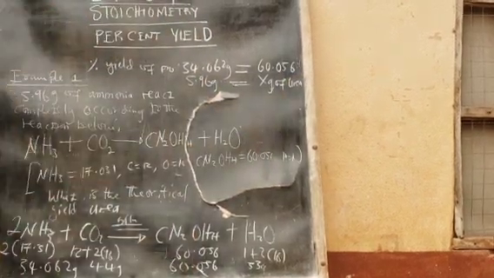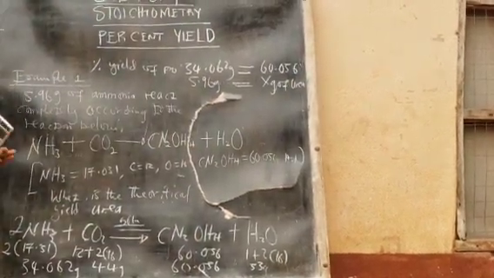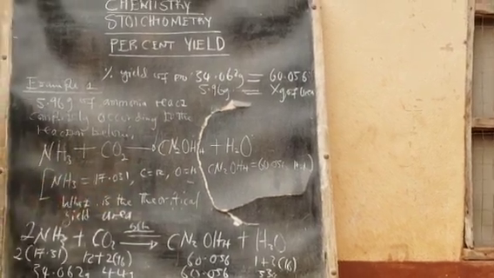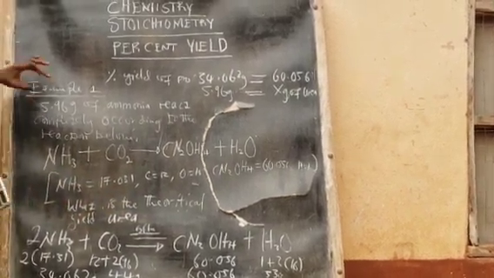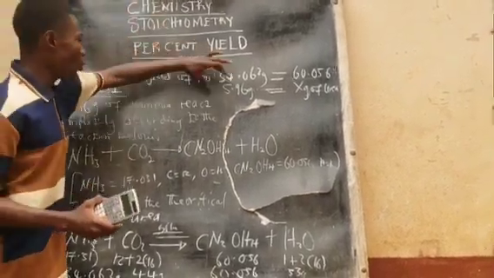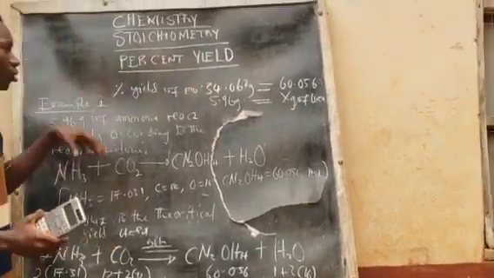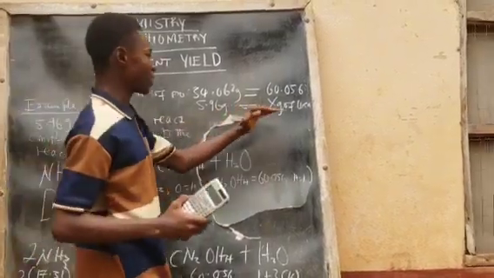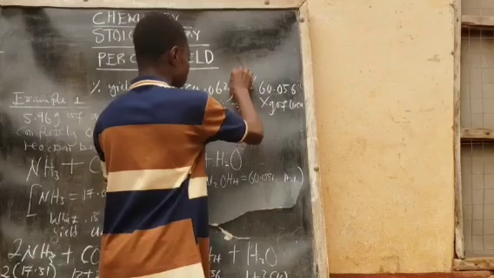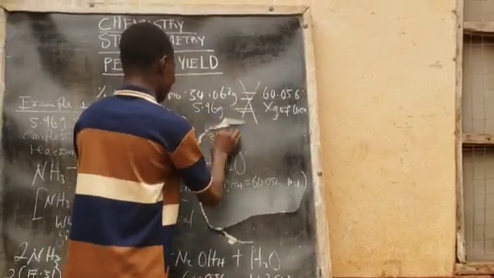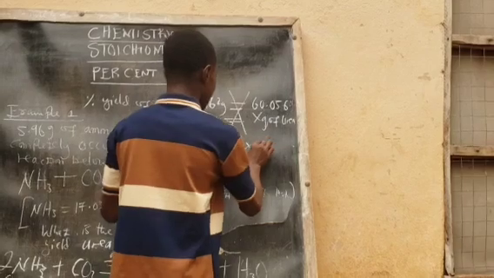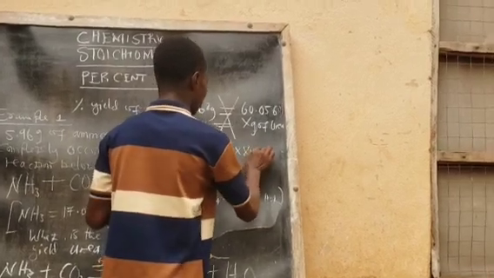Mind you, we are going to focus on urea because the question asks for the theoretical yield of urea. We are given the mass of ammonia, which is from the question, and we are asked to find the mass of urea, which is the theoretical yield. So now we are going to cross multiply. So we say 34.062 grams multiplied by X grams of urea.